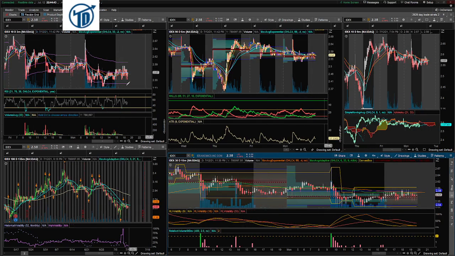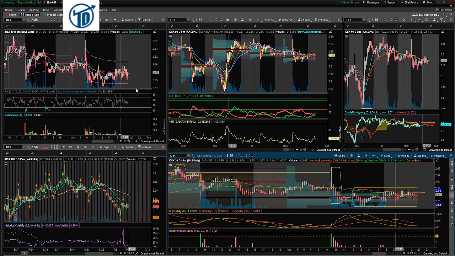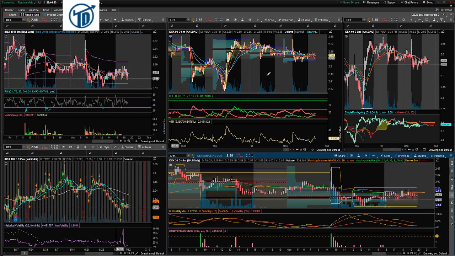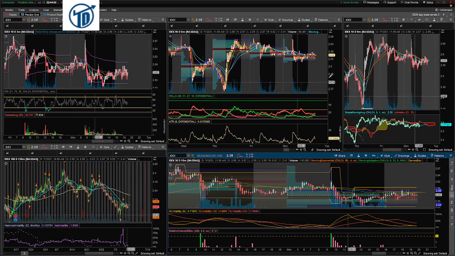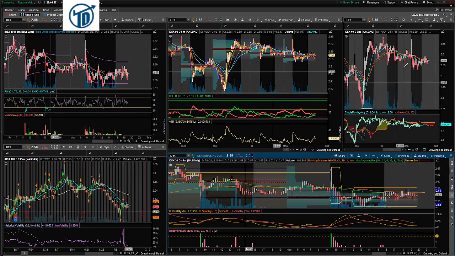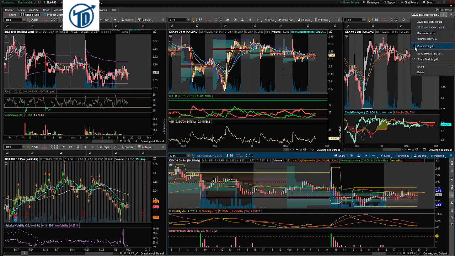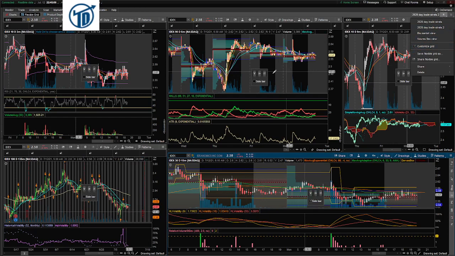I'll just show you how to set up one of them, and they're all pretty much set up the same. If you want to use just 2 of them or 3, or position them differently, you go to customize grid and click there, and then it shows you this stuff.